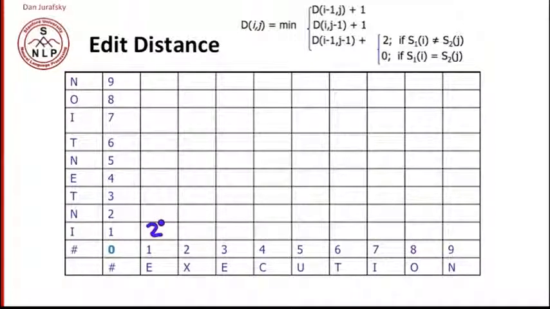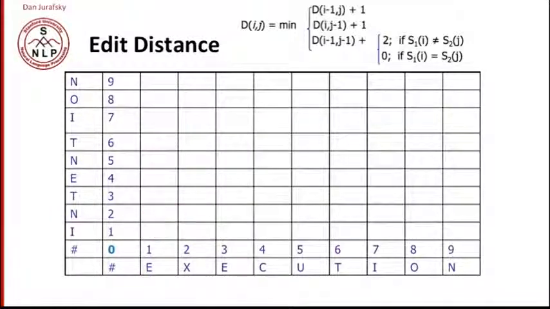Similarly, if we want to know the distance between in and e, it's the minimum of the distance of in to nothing plus 1, so 2 plus 1, or 3, or the distance between i and e plus the cost of adding in that n, or 3, or the cost of having just an i and adding in that n to e, substitution, which is 2, or 3.